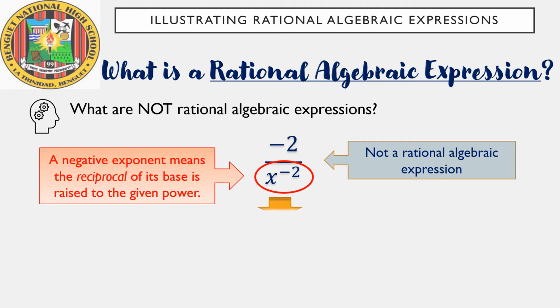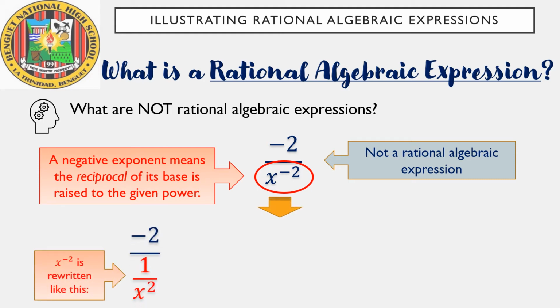So first, rewrite the expression with a negative exponent. Note that a negative exponent means the base should be written as its reciprocal. Once we do that, the negative exponent can now be expressed as a positive exponent. That is what happened to x raised to negative 2.